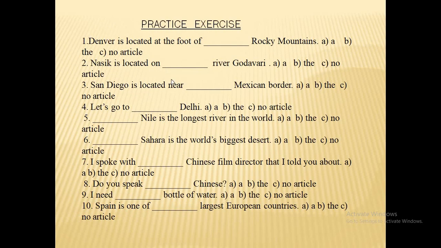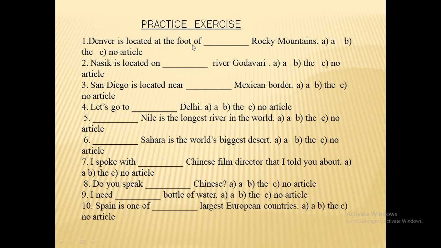Now let us do an exercise based on the rules and regulations that we have learned in the previous slide. Let us quickly go through the examples. Denver is located at the foot of dash Rocky Mountains. So we have the options here.